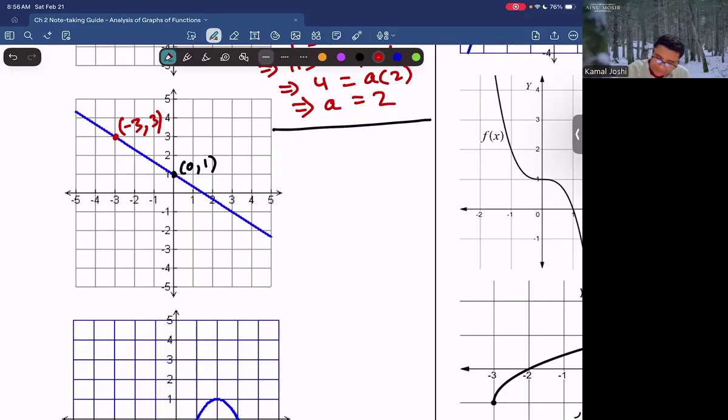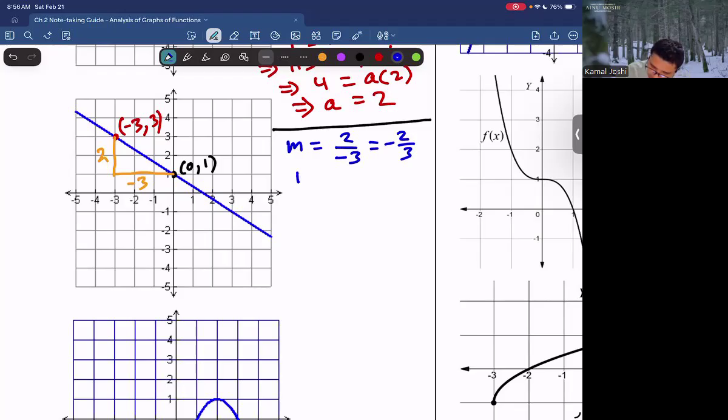If you look at the rise and the run, this is 2 units, this is 3 units, but going left, so call it -3. Going up, so call it +2. So the run is -3, rise is 2, and based on that, the slope is 2 divided by -3, which is -2/3.